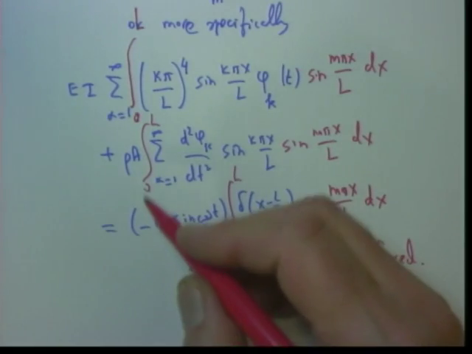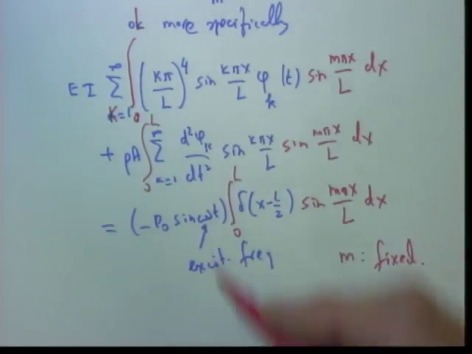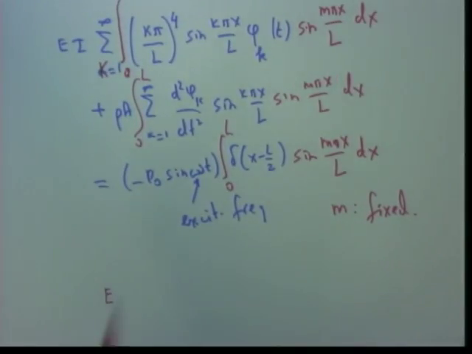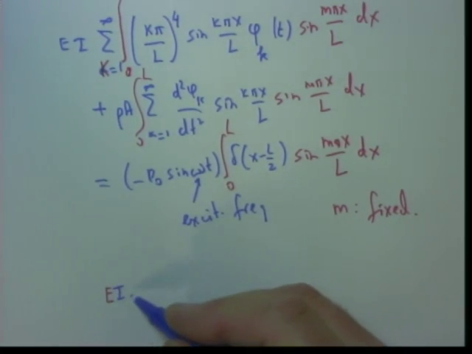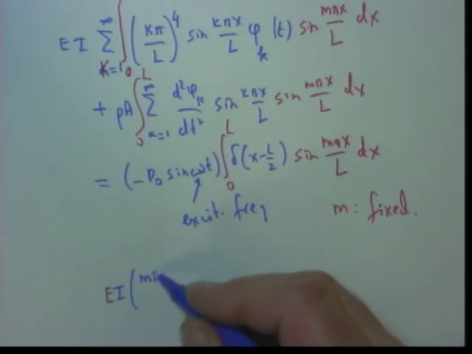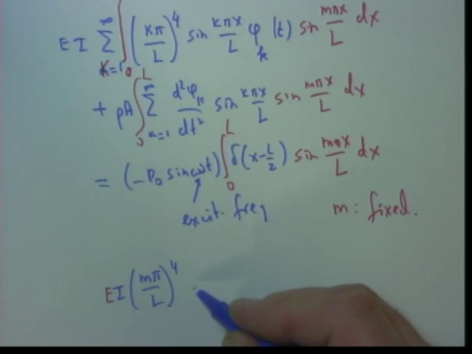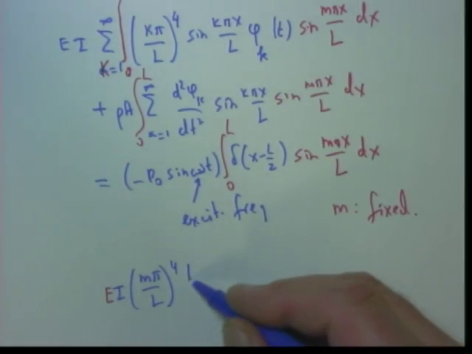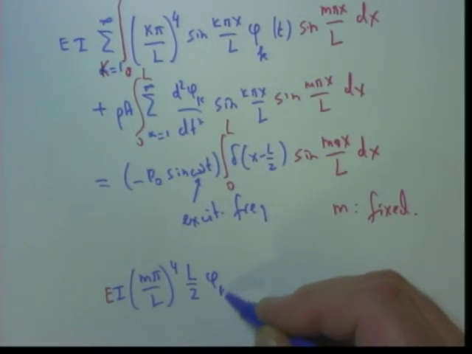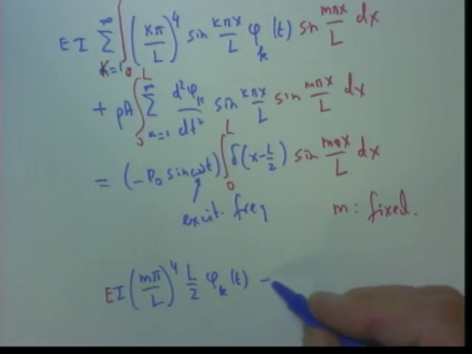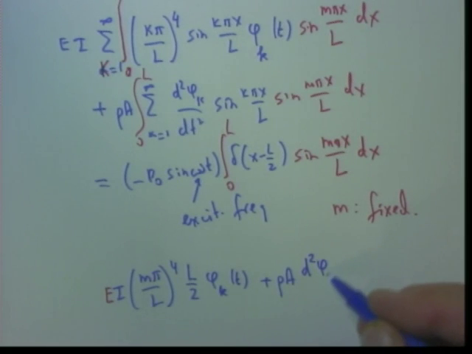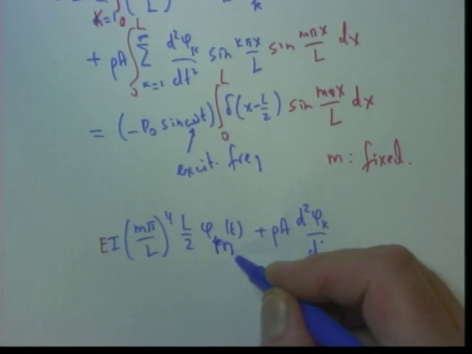Okay? So that is k from 1. So we have EI, then we have (m pi over L) in fourth power. Sine and sine together will be L over 2, phi_k of t, plus rho A, d2 phi_k, I said phi_k, phi_m.